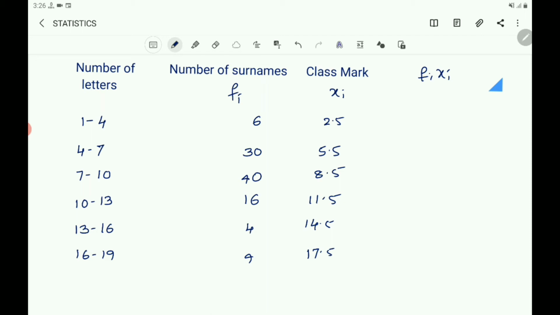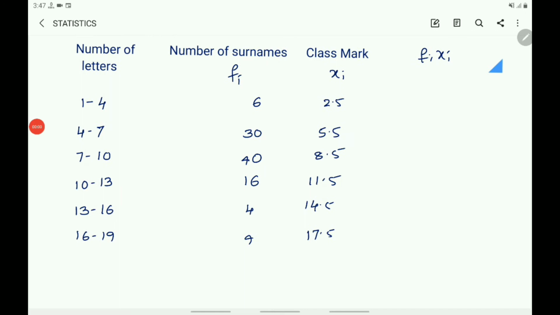Or otherwise 2.5 plus 3 is 5.5, 5.5 plus 3 is 8.5, 8.5 plus 3 is 11.5, 11.5 plus 3 is 14.5, 14.5 plus 3 is 17.5. You can add the size of the class, that is h.